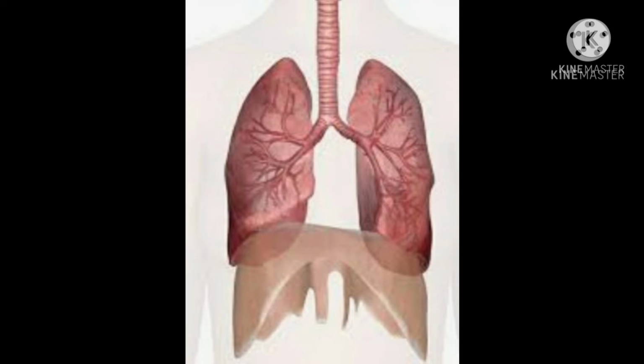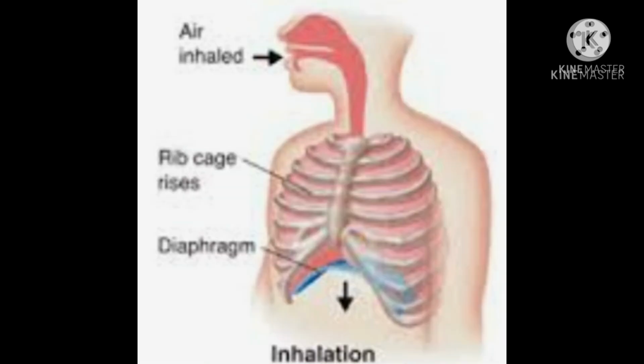The lungs are cut off from the abdomen by a thick muscular dome-shaped wall called the diaphragm. The diaphragm is a curved sheet of muscle below the lungs. The muscles of the rib cage and diaphragm help in breathing in and breathing out.